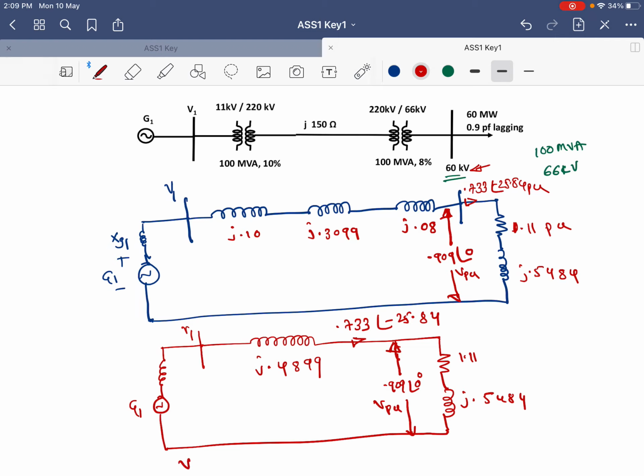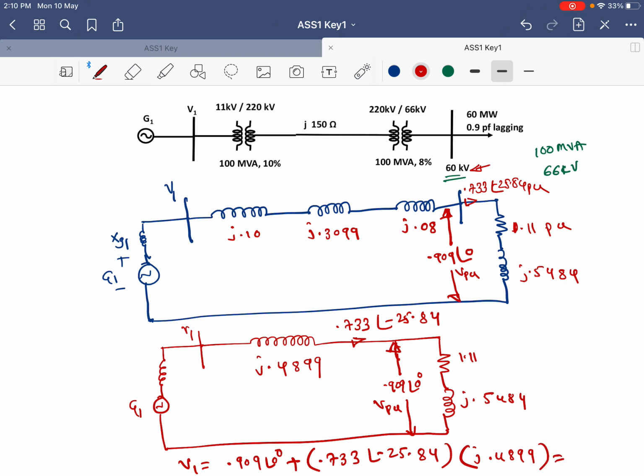That is, V1 equals the terminal voltage 0.909 at an angle of 0 degrees, plus this reactance drop, 0.733 at an angle of minus 25.84 times the reactance 0.4899.